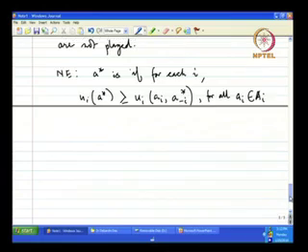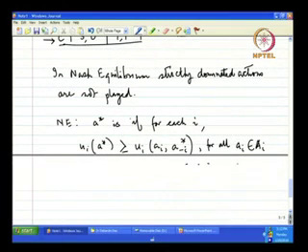This must happen in Nash equilibrium. Let us call this condition A.